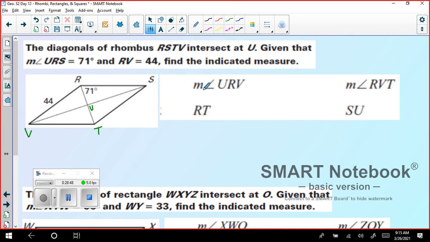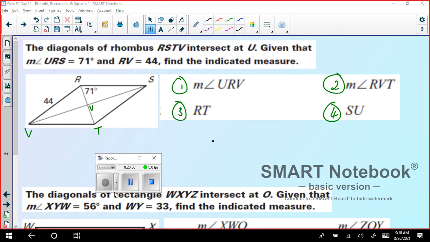Okay, try all of these. You can just label 1, 2, 3 and 4. I'll discuss the answer in exactly a minute or so. Okay, let's see this part.